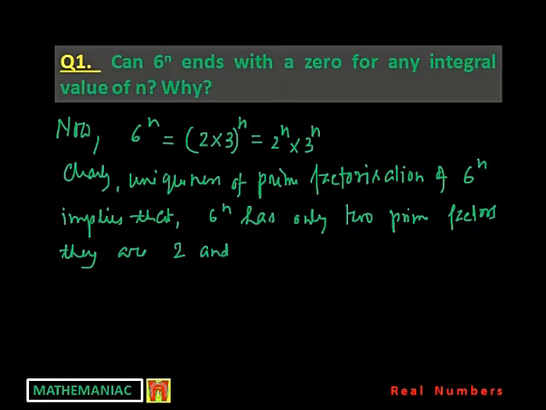They are 2 and 3. So we have only two prime factors for 6 to the power n.